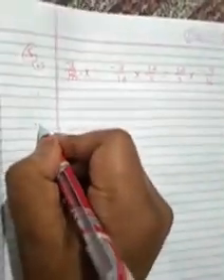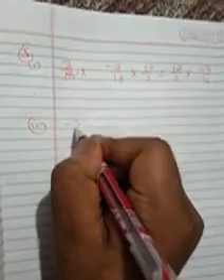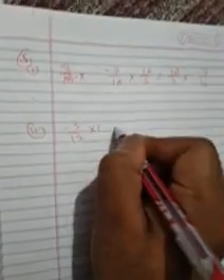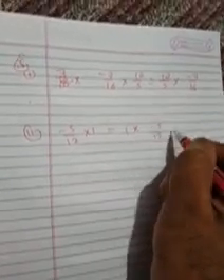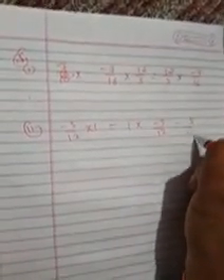Second part, minus 5 upon 12 into 1 is equal to 1 into minus 5 upon 12 is equal to minus 5 upon 12.